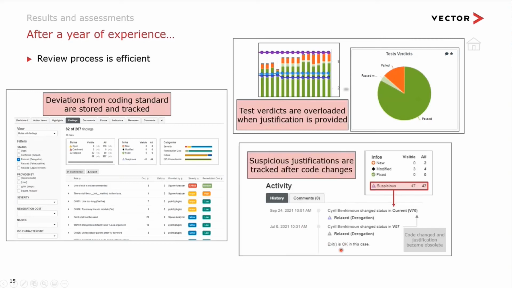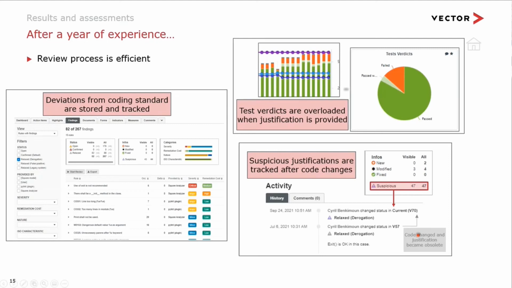When you start to justify your findings, Squore is able to track your findings even after the code change. And what happens is that if you modify your code just before your justification, Squore can raise these suspicious states to say, be careful, your justification may not be relevant anymore because your code has changed.